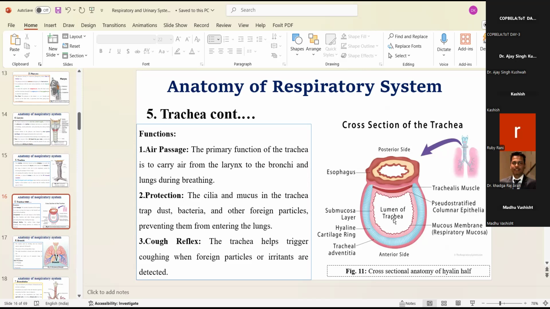The third main function of the trachea is the cough reflex. The trachea helps to trigger coughing when foreign particles, irritants, or environmental pollutants come inside the lungs. So it detects them and produces the cough reflex signal.